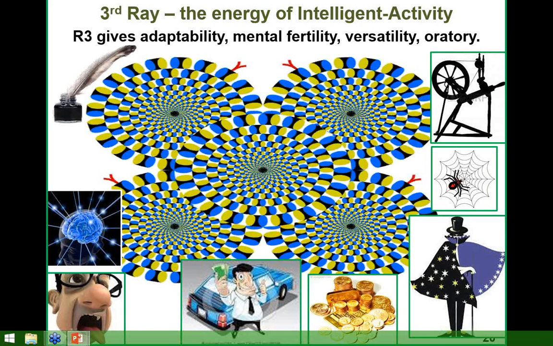So it rules, not the magical ray, that is the seventh ray, and the magician is there because it veils. A magician can veil, and what you see is not necessarily what you get. And that's what third ray types do. They can throw a veil over anything, over themselves.